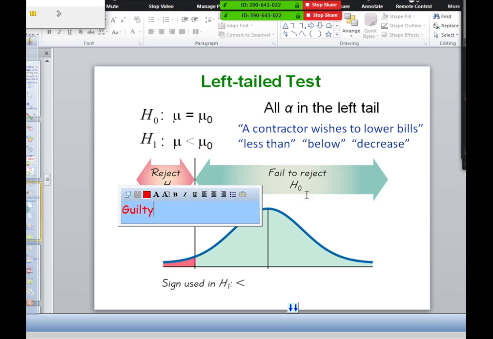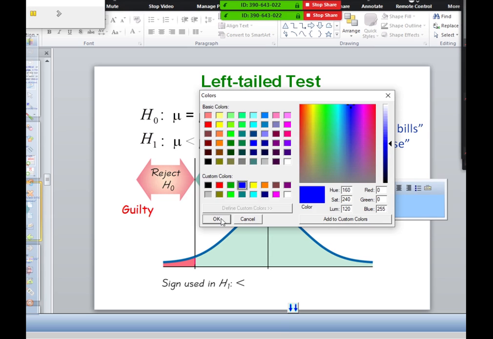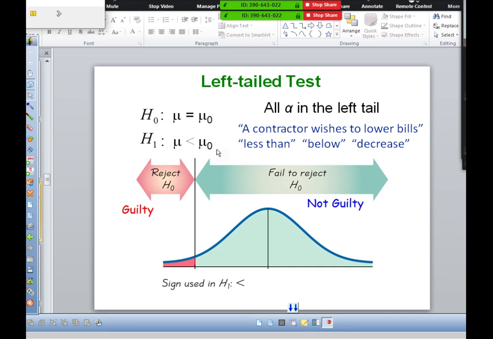Perfect. And H1 is mu is less than mu naught. Great.